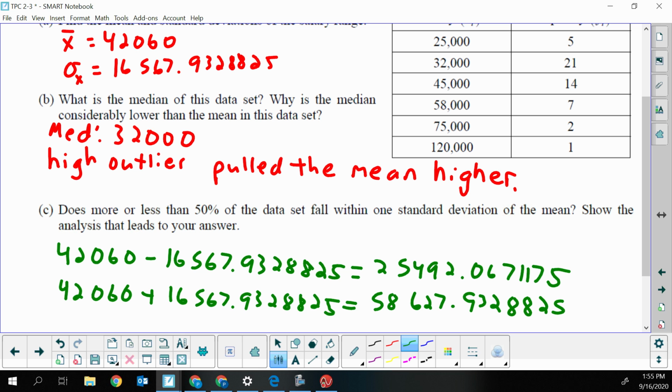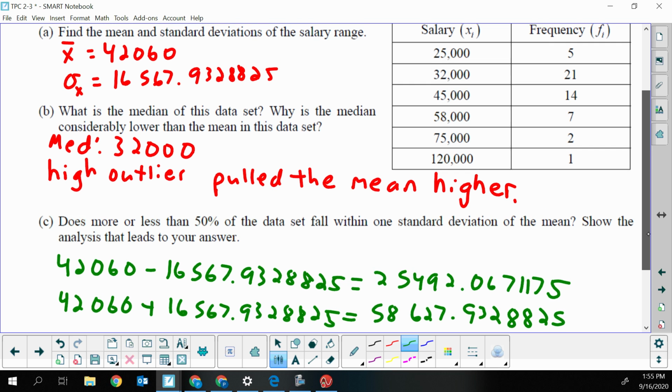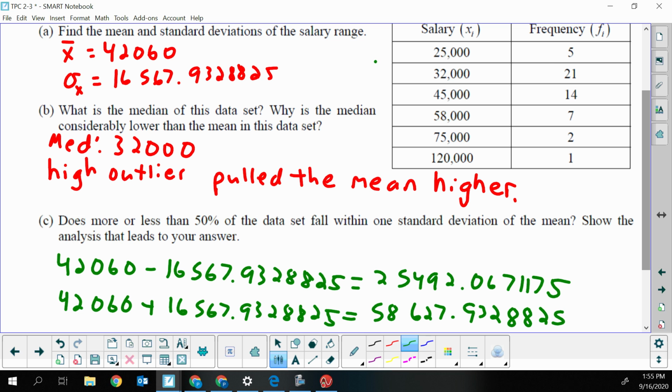So if we jump one of our average distances, that's what the standard deviation is, the average distance from the mean. If we jump one of those in each direction, let's see where that puts us into the table. Well, 25,492, that would be in between those two values. And 58,627, that would be in between those two values. So the ones in between are right there.